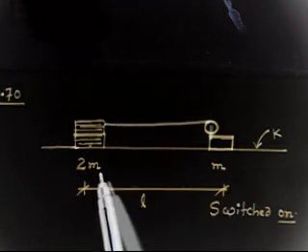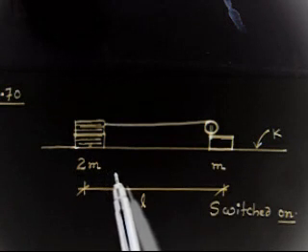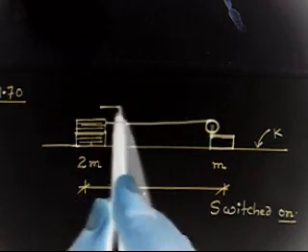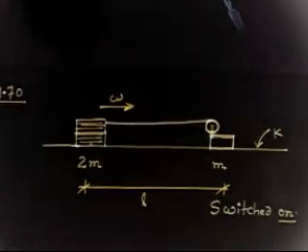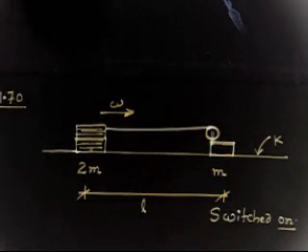So this is mass m, this is 2m. This starts moving in this direction with a constant acceleration w, let us say. So the acceleration of this object is given to you, that is w, by which it starts moving in this direction.